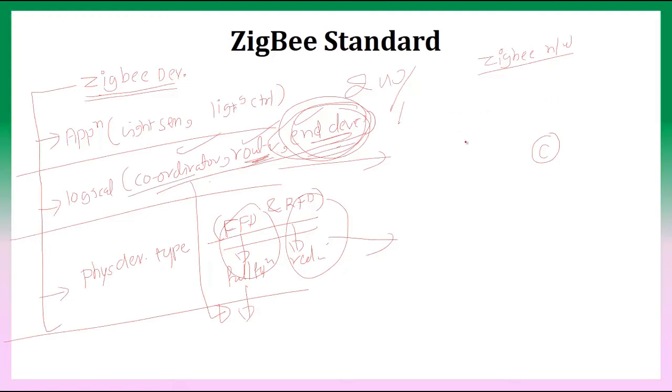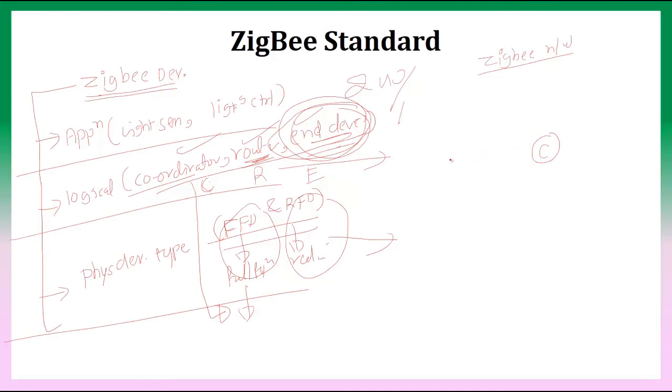Whatever C is written is the coordinator, R will be the router, and for the end device we could write E. In some books or references, they generally prefer it to be an F. I don't know what F is. I know what an end device is, so I am representing it as E.